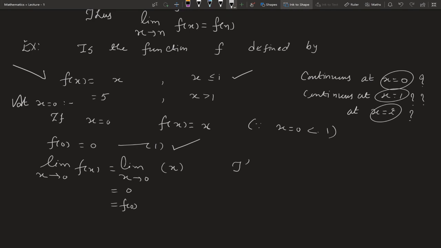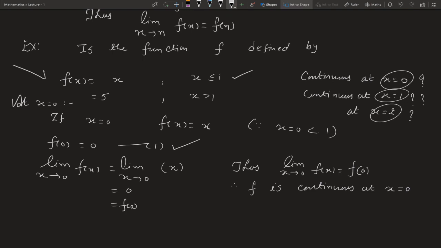So we have proved limit x tends to 0, f of x equal to f of 0, and therefore f is continuous at x equal to 0.